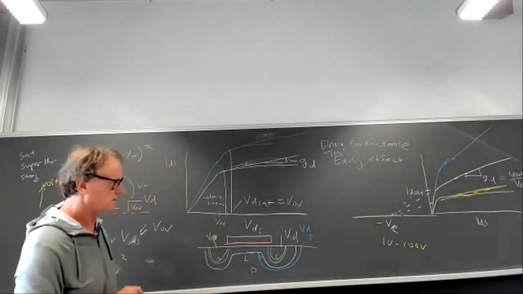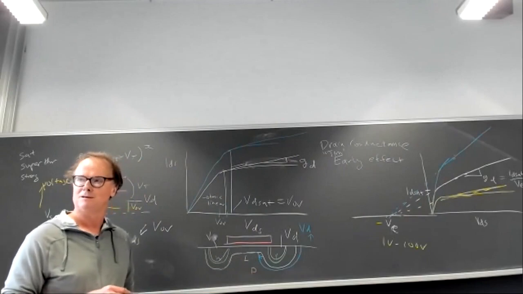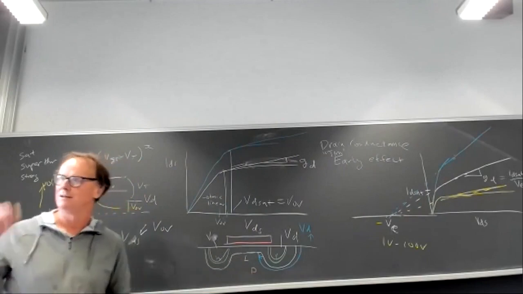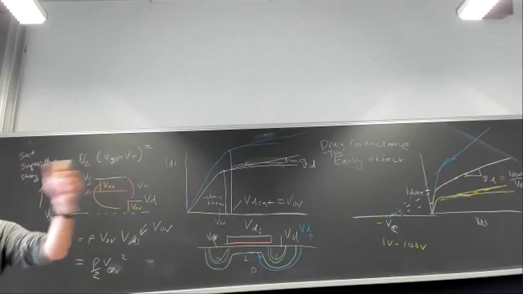So why is this early voltage proportional to the transistor length? Well, is it? Yeah, the depletion region's bit in comparison to the... Exactly, you got it. It's because the depletion region doesn't depend on the transistor length. So the depletion region variation, as a fraction of the transistor length, decreases as you make the transistor longer.